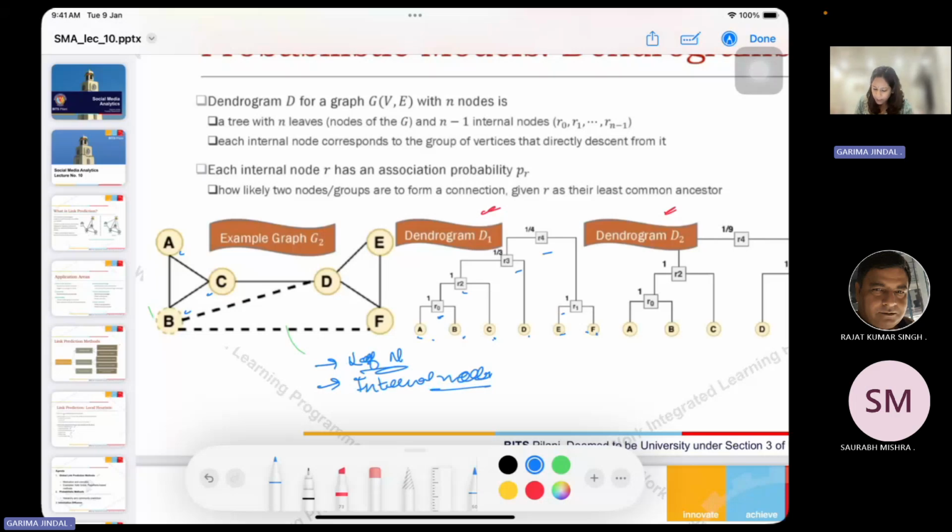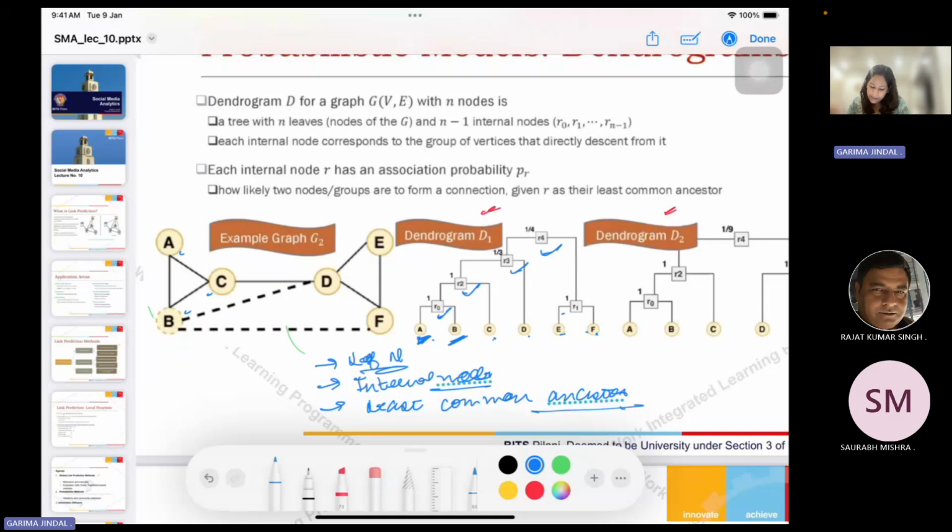Now the third important term is least common ancestor. Let me explain what the least common ancestor is. If I consider A and B, you can see that A and B have R0, R2, R3, and R4.